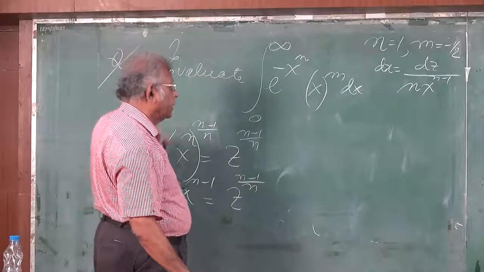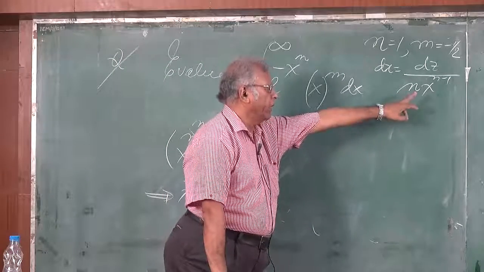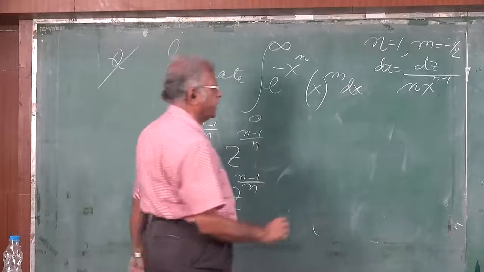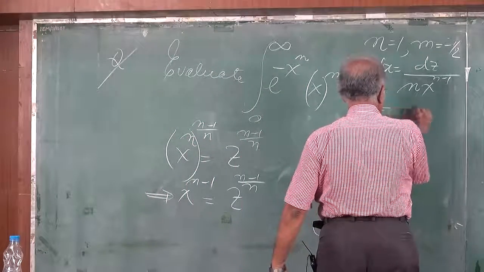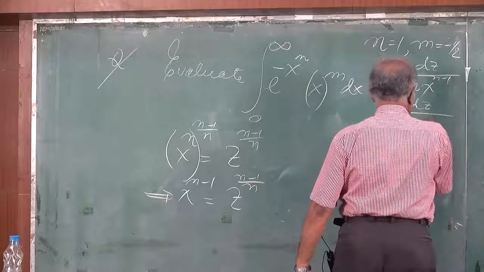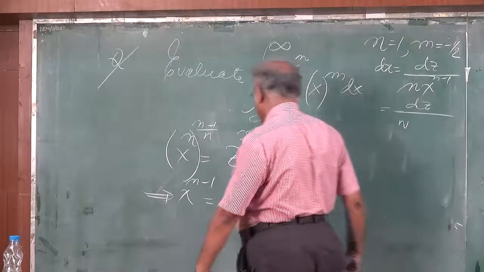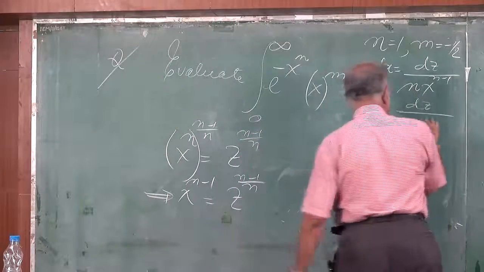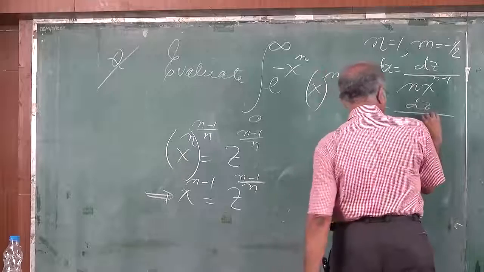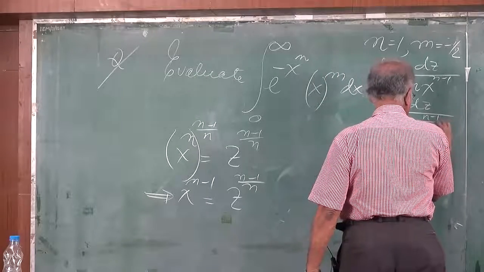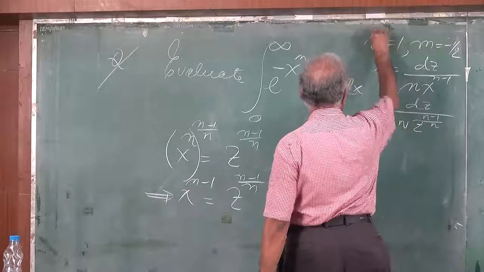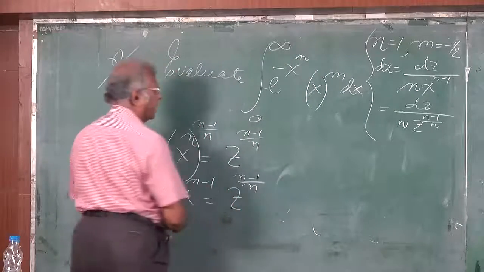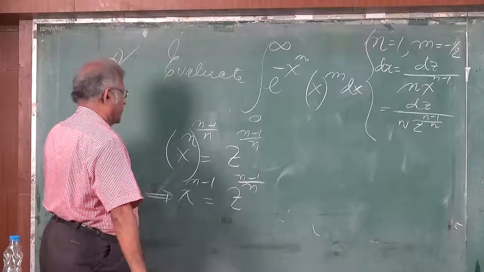So, we will put that value here, n x to the power of n minus 1, we cut from here and write that this is equal to dz over n, that is fine, and x to the power of n minus 1 is z to the power of n minus 1 over n. So, these are important captures which we will utilize now. What about the limits?